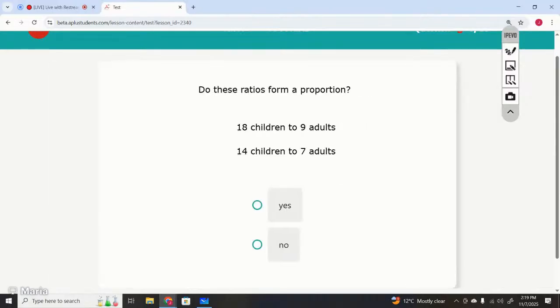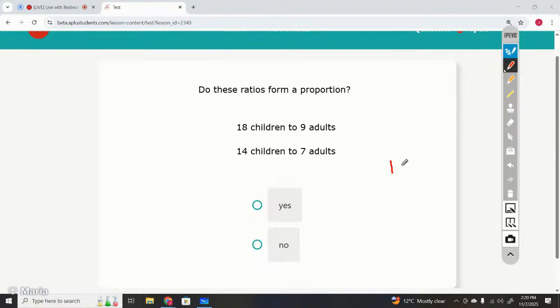Do the ratios form a proportion? 18 to 9 and 14 to 7.